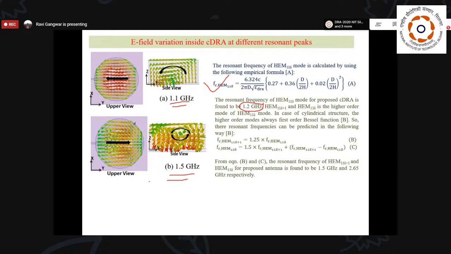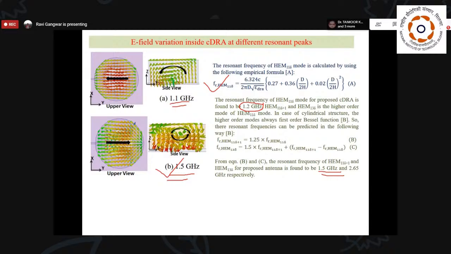And then I have calculated the resonant frequency of this particular created mode, and I found that the value is 1.5 gigahertz, which is exactly the same value with respect to our simulated analysis. So we confirm that we have created HEM11δ+1 mode at 1.5 gigahertz.